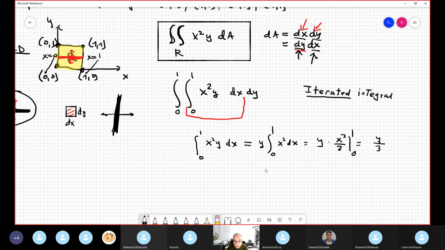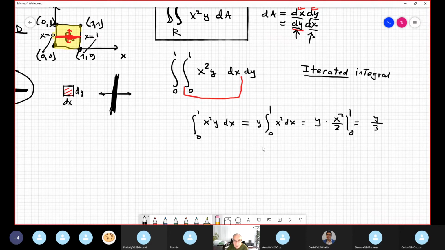I come back. I replace the integral that I highlighted here in the red color with another integral, iterating step by step. From 0 to 1, y over 3 dy. Well, the 1/3 goes outside.